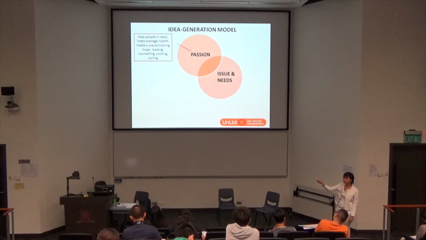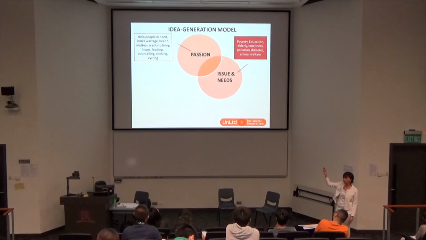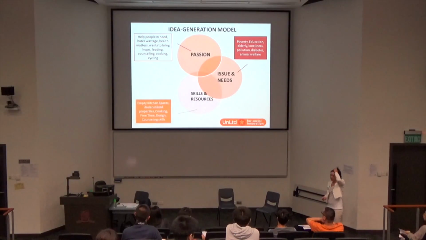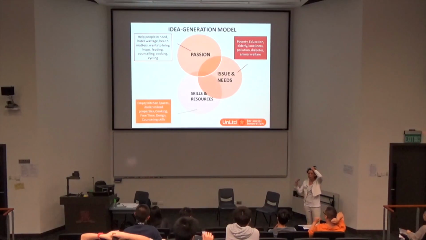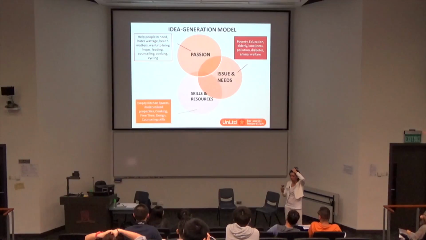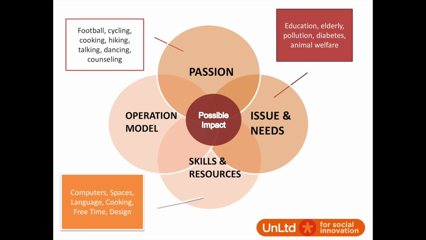And then there are the issues and needs, which we already talked about, poverty and so on, all this problem definition, and the skills and resources. One thing I noticed is we all want to think of a master plan that could work, right? But in reality, most of those innovations didn't happen that way, okay? These innovators started with looking at their resources, looking at what they have.